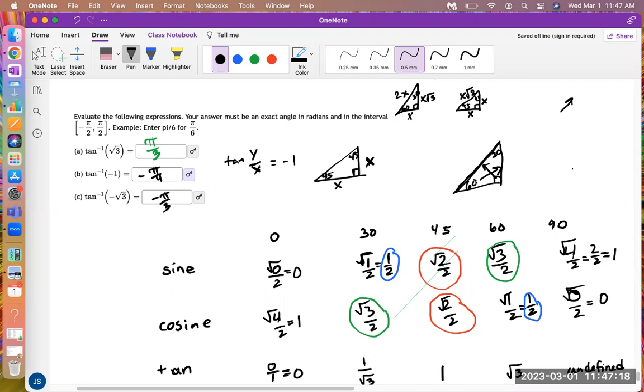The side opposite the second largest angle is the second longest side, and opposite the smallest angle is always the smallest side. So these two angles are the same, which means the sides opposite them must be the same, because if one angle were larger, like if this was 60 degrees and that was 45, then this side would have to be longer than that side.